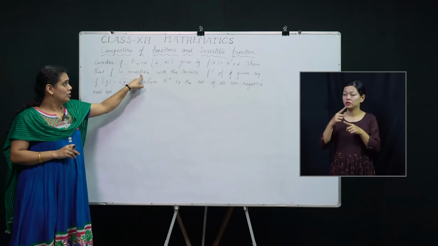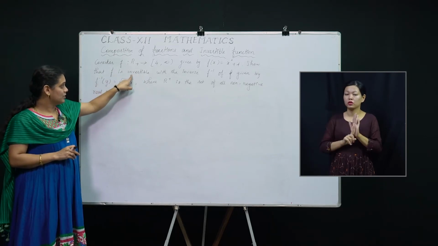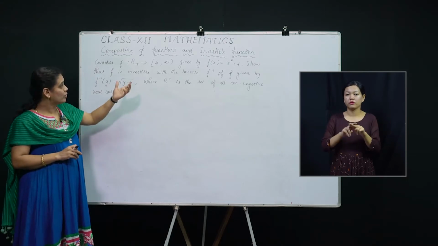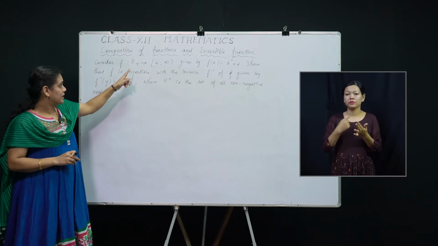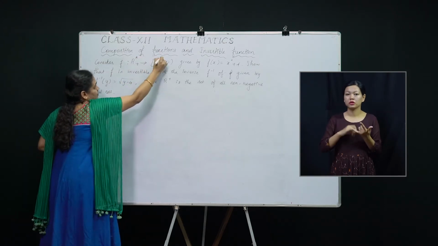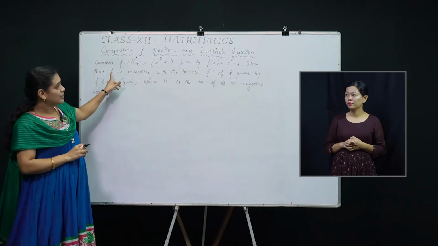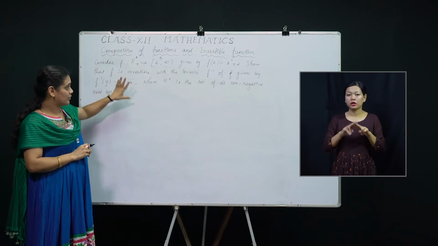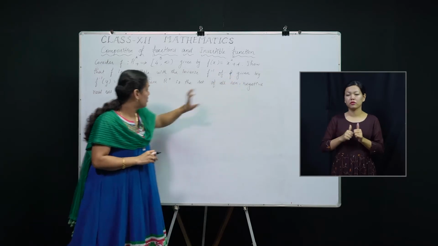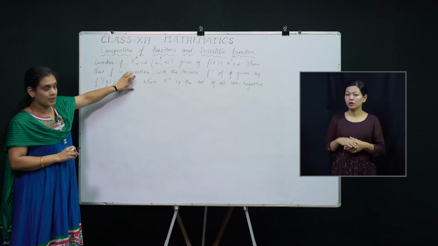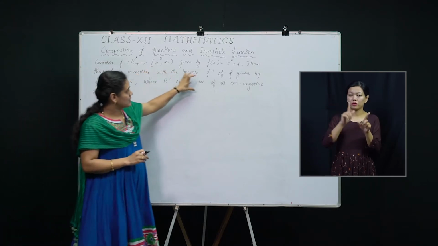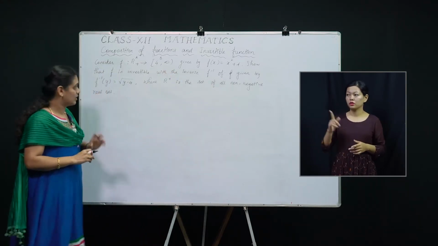So we have to prove that f is invertible either by proving that g∘f is I_A or f∘g equal to I_B, where A represents this set and B represents this set, or we can show that f is 1 to 1 and onto. In that way also we can prove it. The inverse of f is also given, but we have to check whether this is the inverse or not, where R plus is the set of all non-negative real numbers.